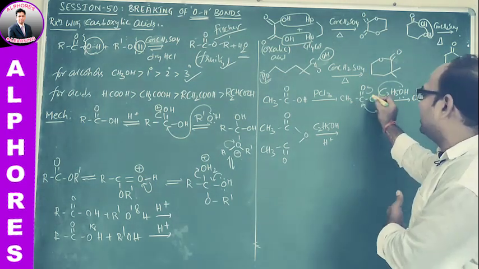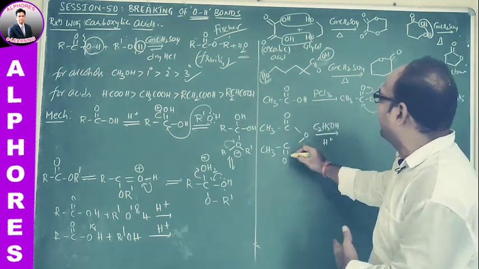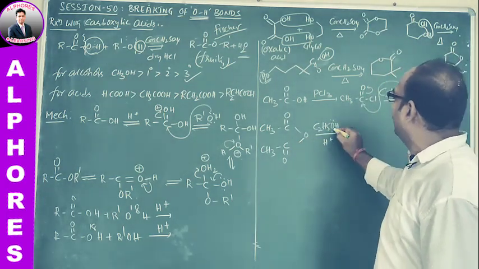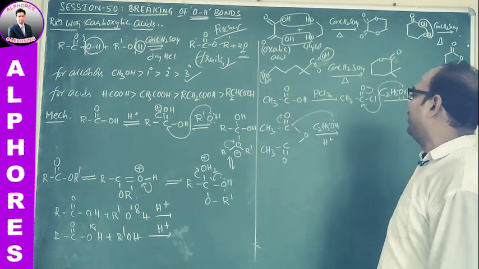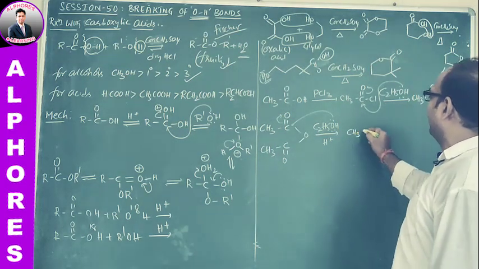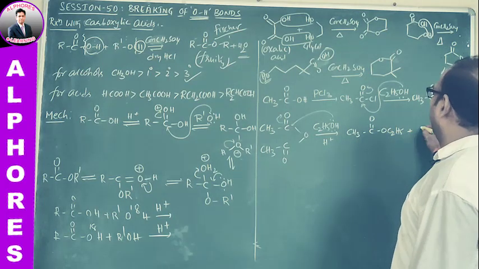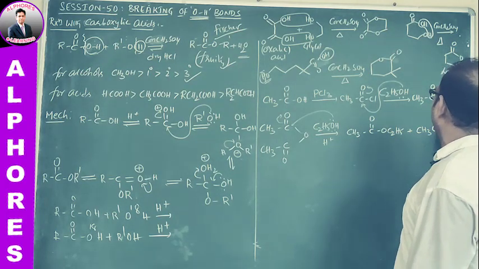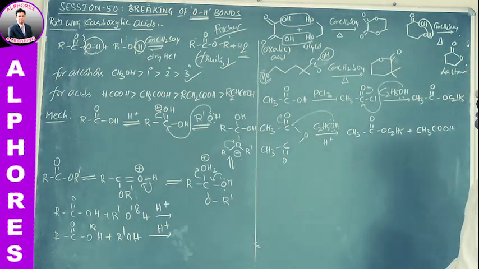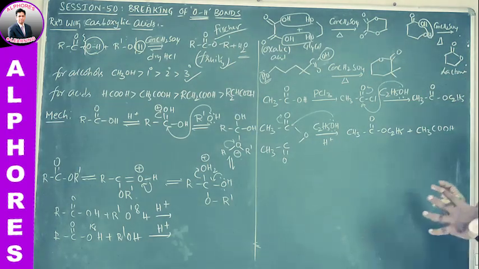Not only acid chlorides but also anhydrides. Anhydrides also undergo nucleophilic substitution reaction. As a result we get CH3 C double bond OC2H5 plus CH3COOH. This is the reaction with carboxylic acid.